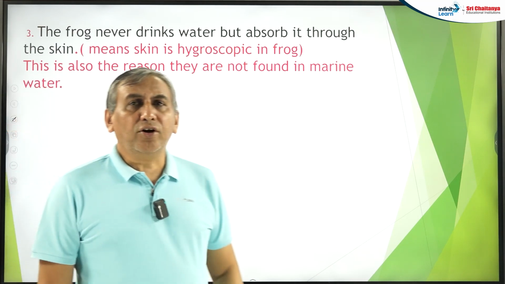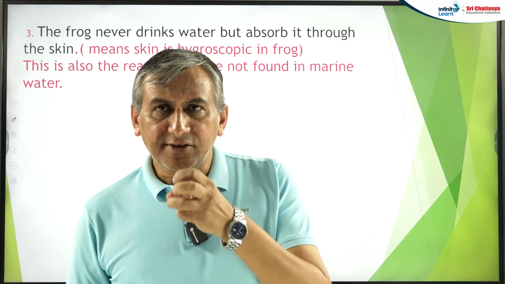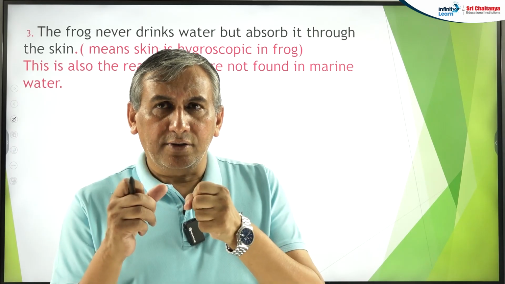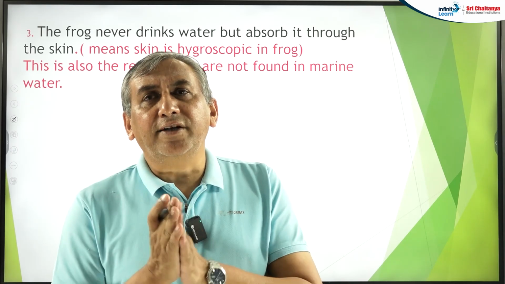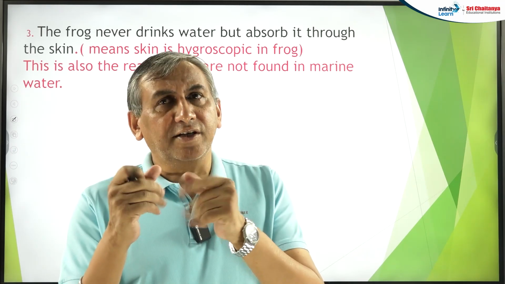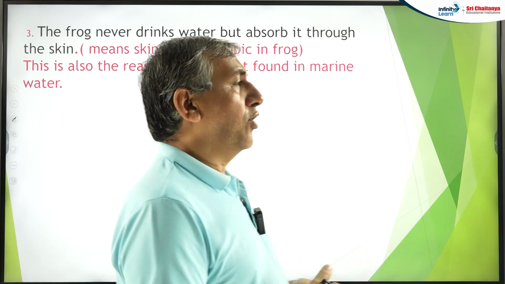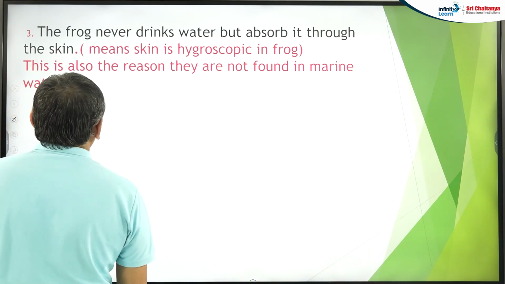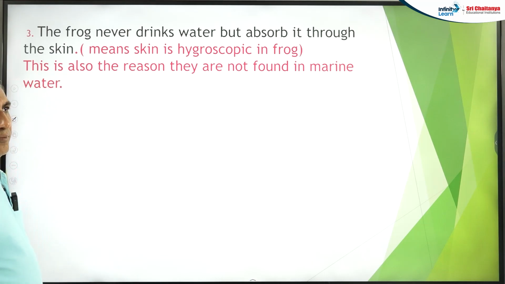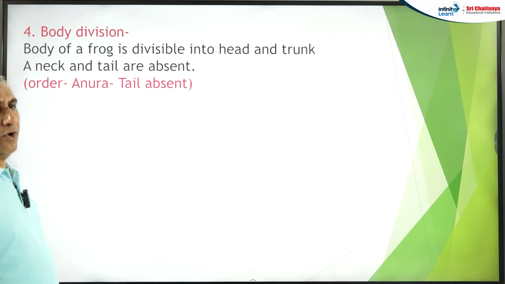Why? Because the skin absorbs water, so if the water is salty, the body salt concentration will increase and the frog will die. So the frog never drinks water, but it absorbs water through the skin. This is one very important point that you have to remember.